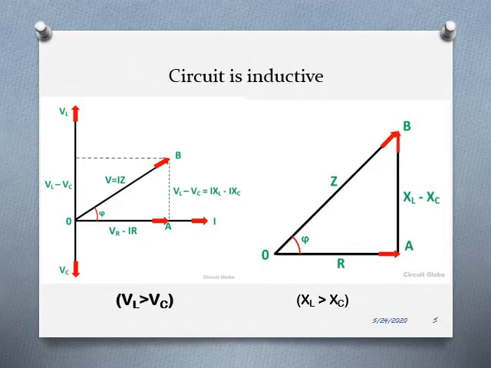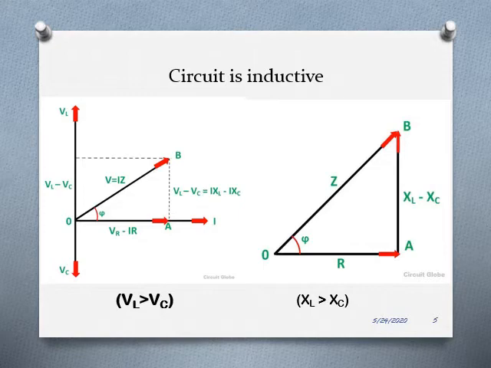Then after drawing the current vector, the next vector should be the voltage across the resistor. The voltage across the resistor is VR, which is always in phase with the current. So, draw the VR vector, that is OA. Now, draw the reactance vectors, that is VL and VC. Both of them are present in the circuit.